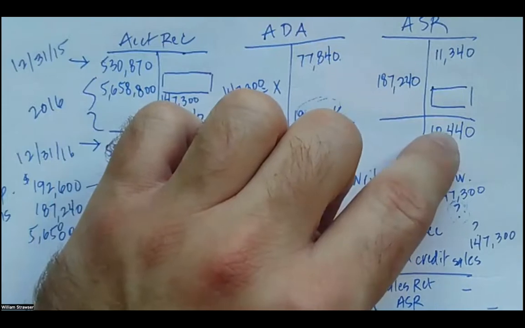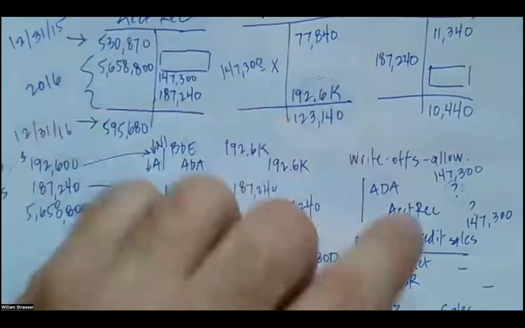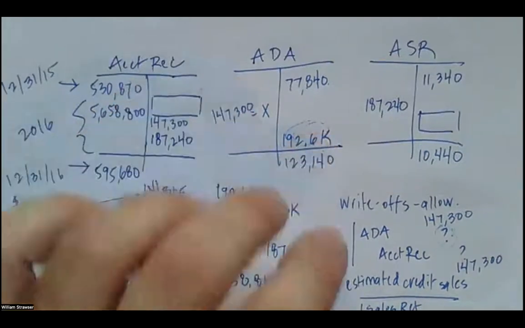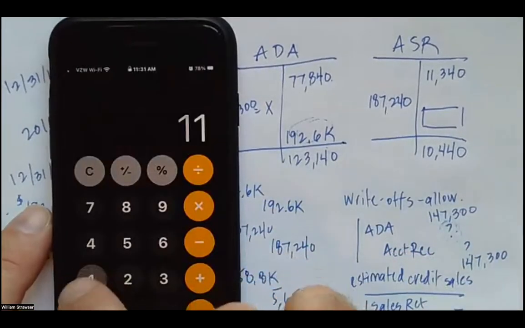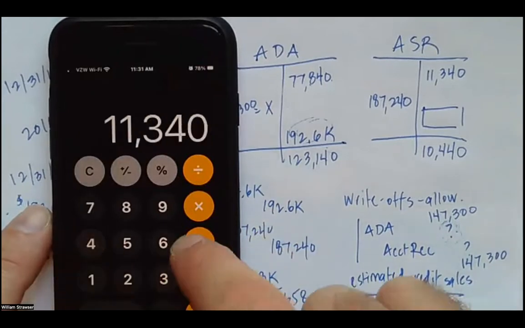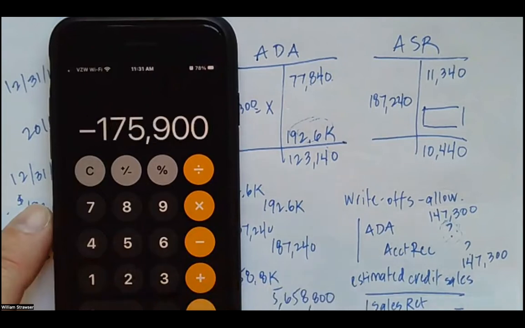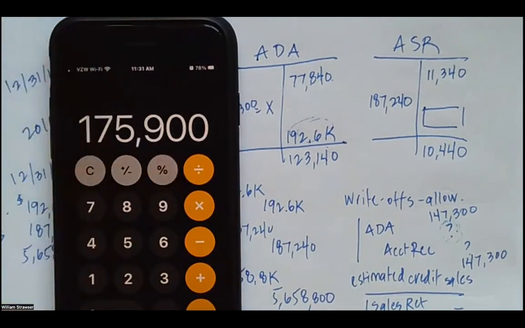And that's not what I have. So I must have had an increase to this account, and that increase fits in with estimating additional credit sales. And then again, I just do some math where I say, all right, if I took 11,340 and subtracted off 187,240, then I would have a debit balance of 175,000.